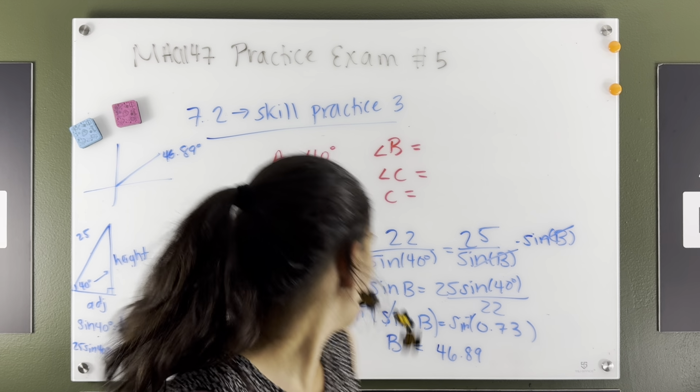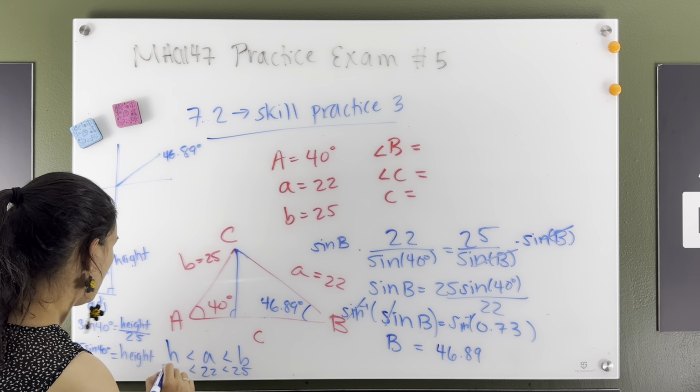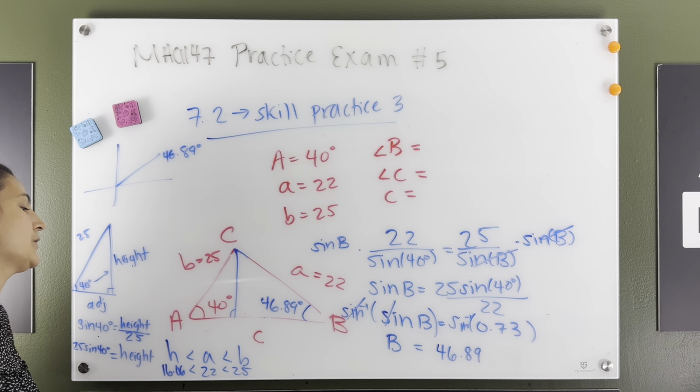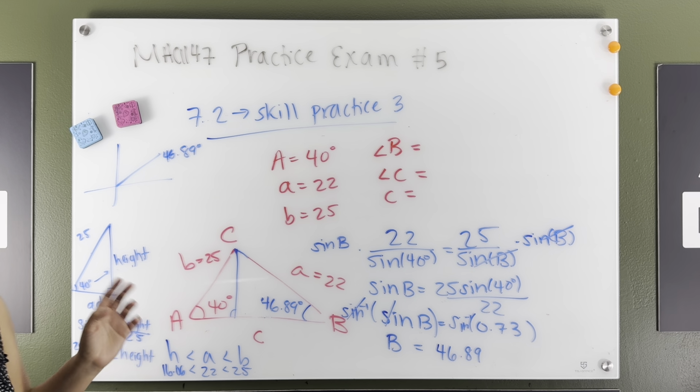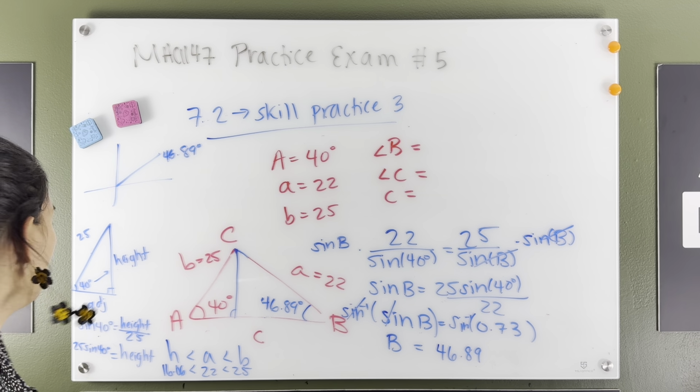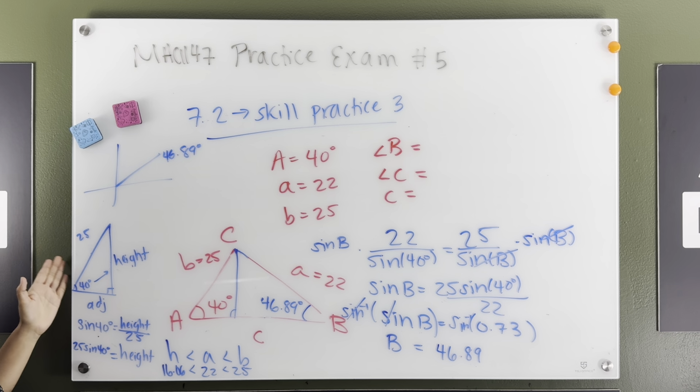That's 16.06. Okay, so the height of the triangle is 16.06, which is indeed less than A, less than 22. Right, so this is a two triangle scenario. Okay, check it out.